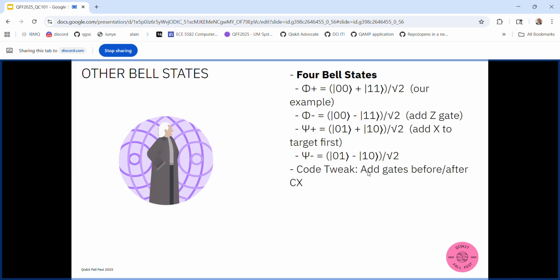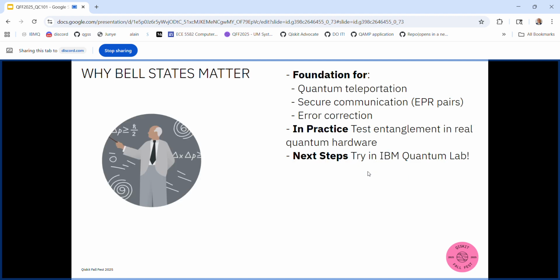This is really important for further applications of interference whenever we are trying to evaluate these complex problems. These Bell states are foundational for quantum teleportation, the secure communication protocols.